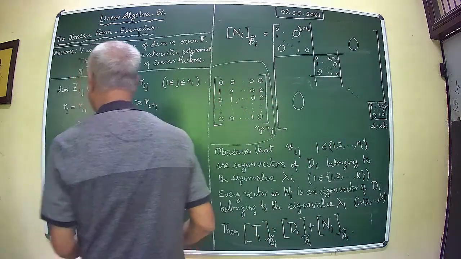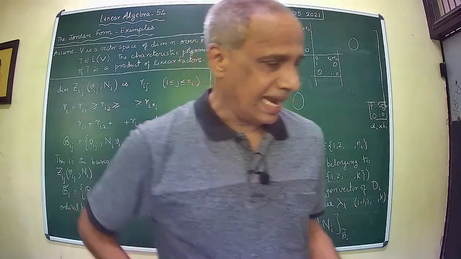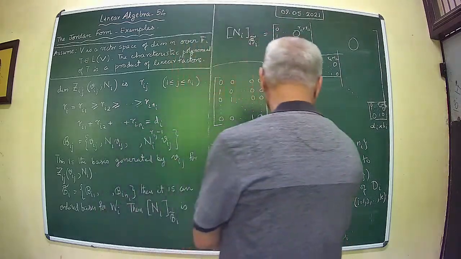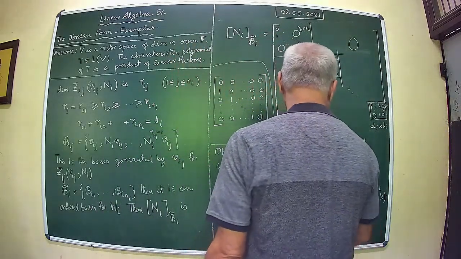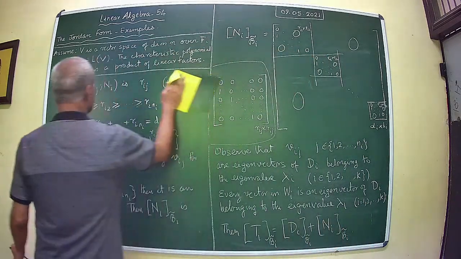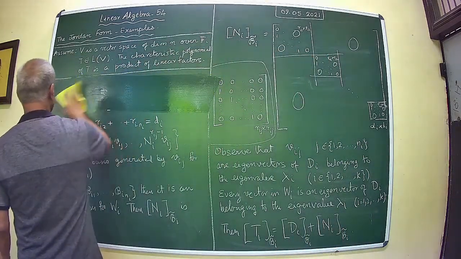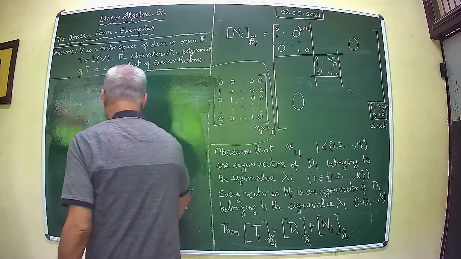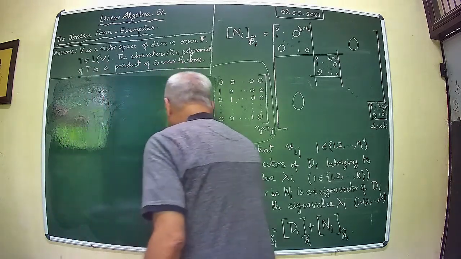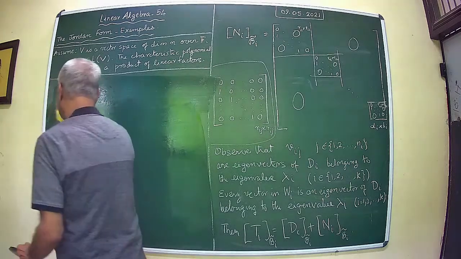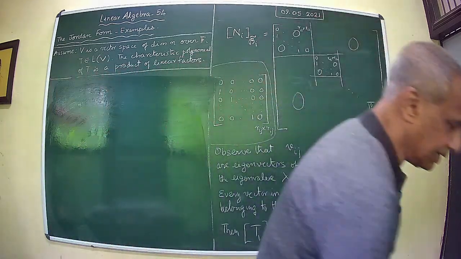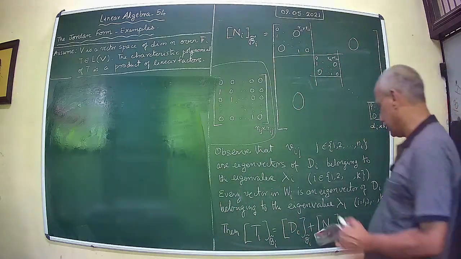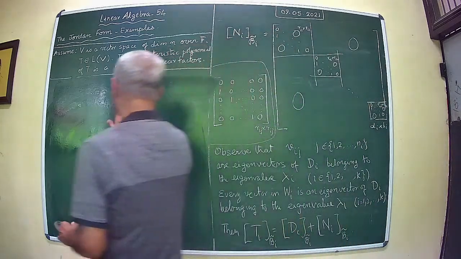Then we have the following matrix representation. We have already computed the matrix representation for Di and for Ni. Put them together, add them together without any inhibition, because the computation of Di does not depend on the particular choice of the basis for Wi. It only matters for Ni, and that we are going to fix.